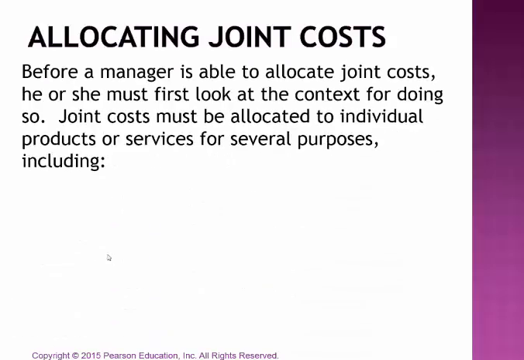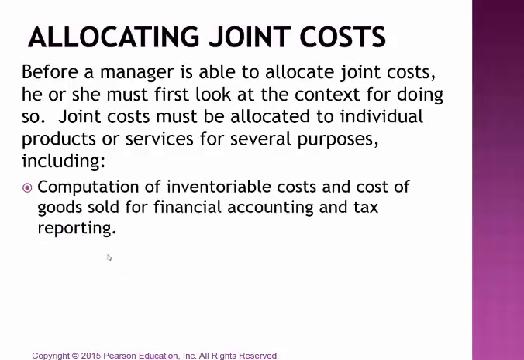When we go about allocating joint cost, before a manager is actually able to allocate joint cost, he or she must first look at the context for doing so. Joint costs must be allocated to individual products or services for several different purposes, including computation of inventoriable cost and cost of goods sold.